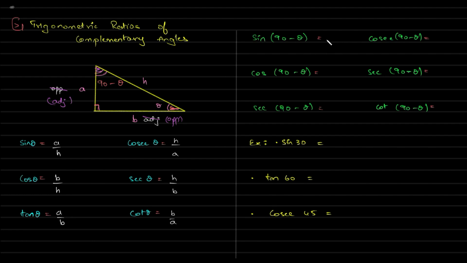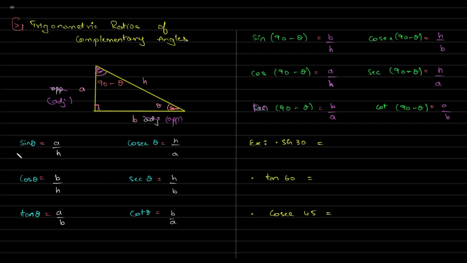So sine is opposite by hypotenuse, cos is adjacent by hypotenuse, and tan is opposite by adjacent. While cosec is h by b, h by a. We're just copying this by inverting that, that's all. A by b.